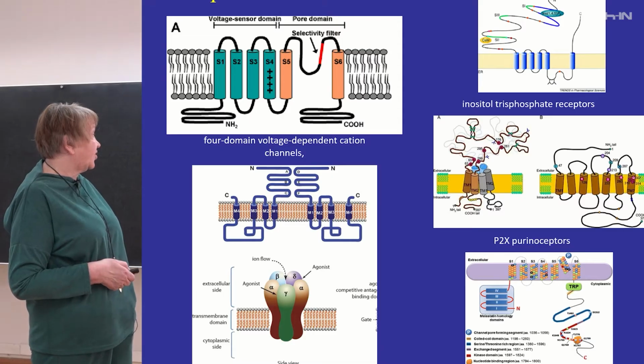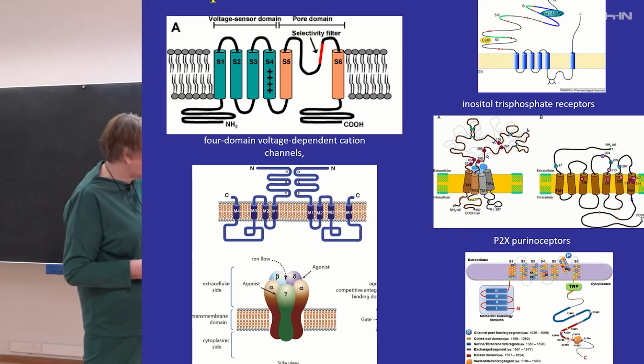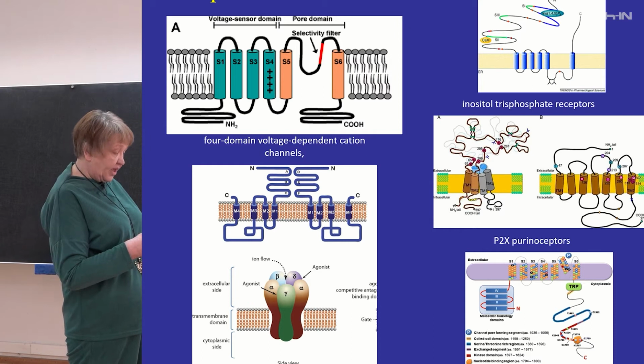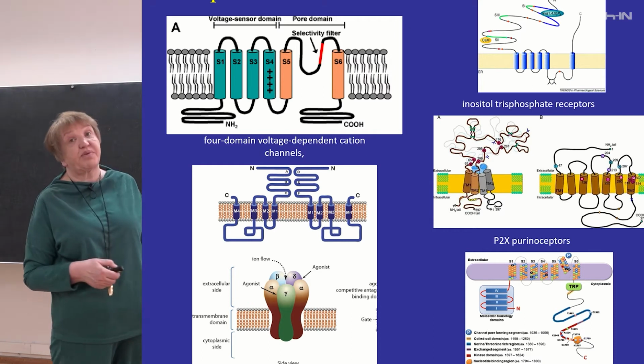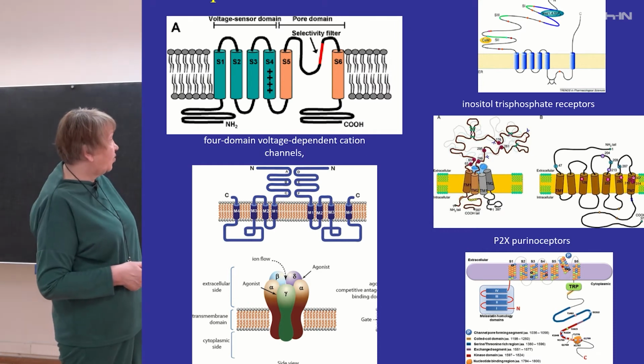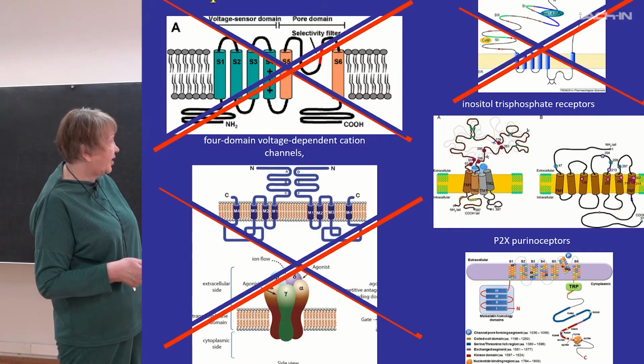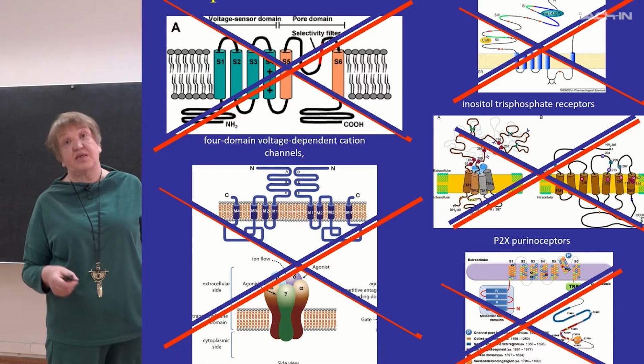They include the main voltage-dependent cation channels and so on. So when we look at the plant genome, we don't actually find any of those in plants.